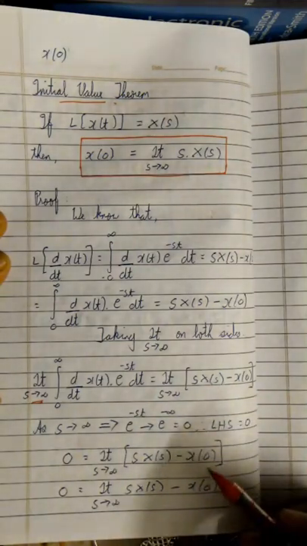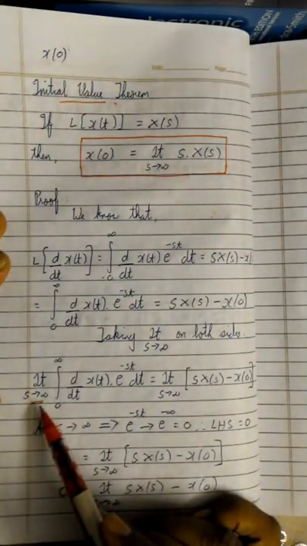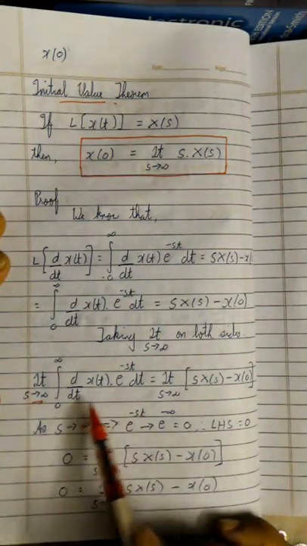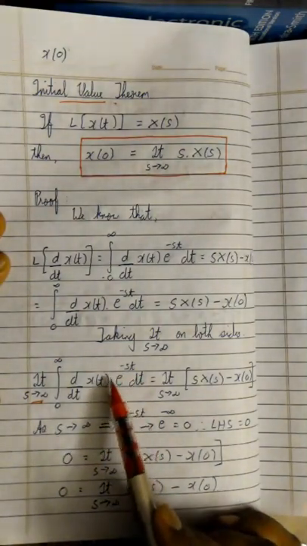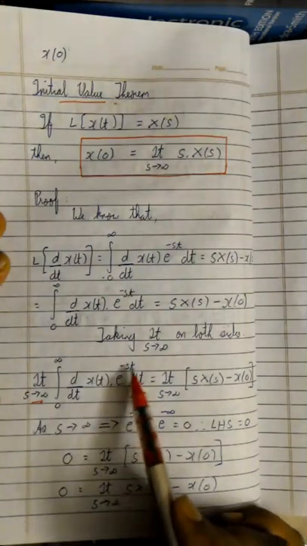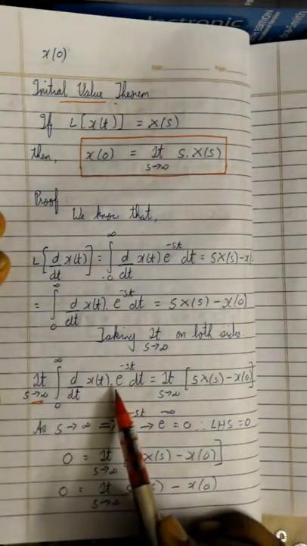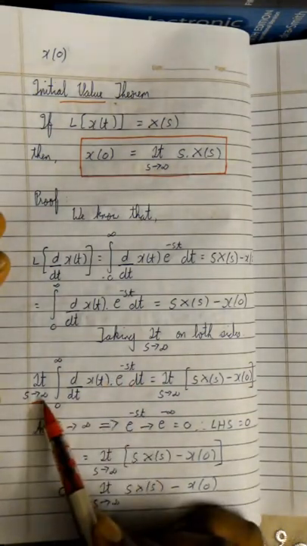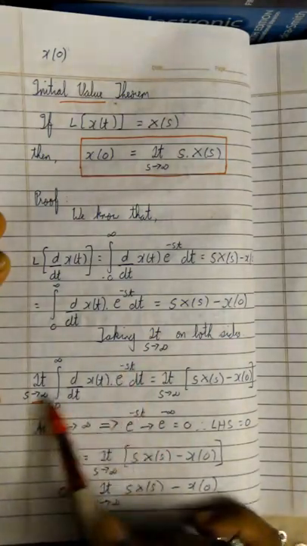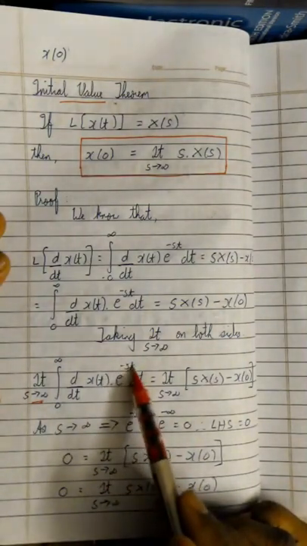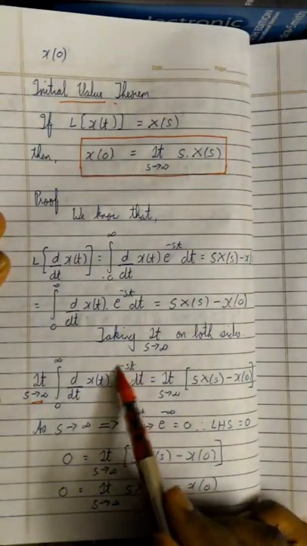Now on the left-hand side I'm going to substitute s as infinity. If you look carefully, s appears only in this location, in e raised to minus st. If I put s as infinity, this becomes e raised to minus infinity, and we all know that e raised to minus infinity is 0.